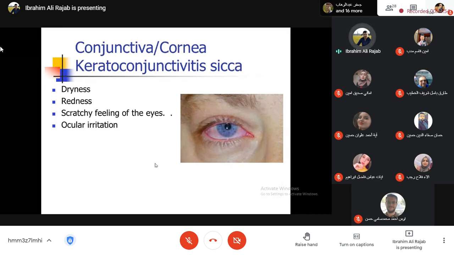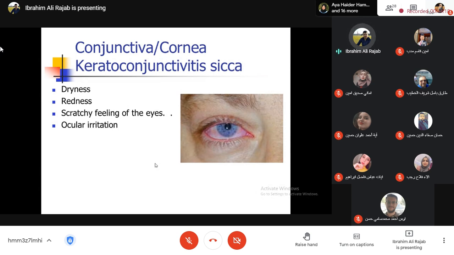The joint has lubricating synovial fluid, and the engine of the car has lubricating oil. So the eyeball has a lubricating tear film. This tear will prevent the friction of the eyelid over the conjunctiva and the cornea.